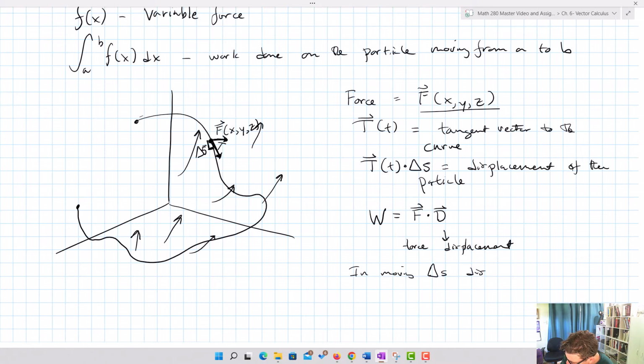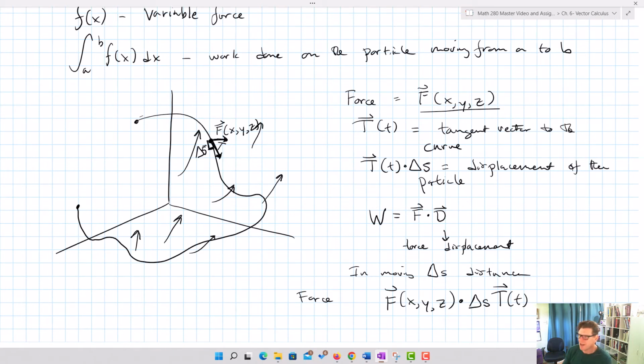In moving that delta s distance, our force is going to end up being F of x, y, z, the value of the force vector wherever it's located, dotted with T of t times delta s, because that's the magnitude. And you can imagine you can do that for everywhere on this curve.